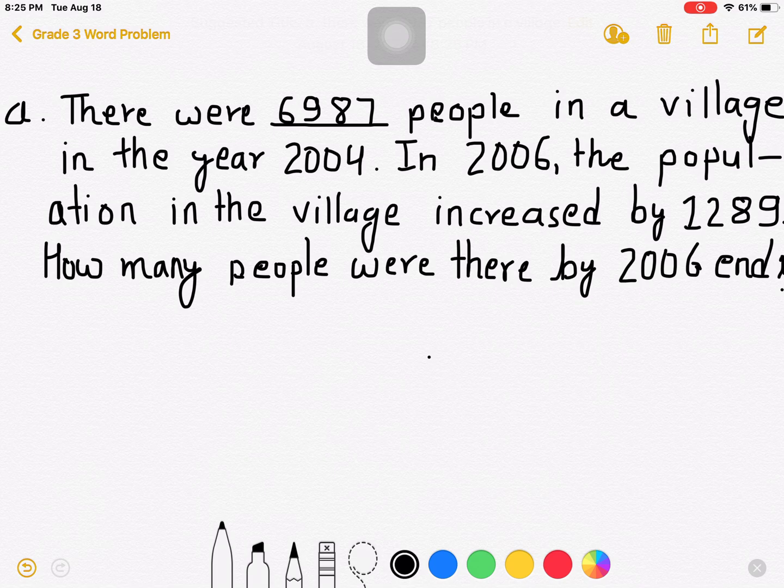And what is the other given? In 2006, the population in the village increased by 1,289. This is the other given here. Now what is asked? How many people were there by 2006 end? This is asked here.